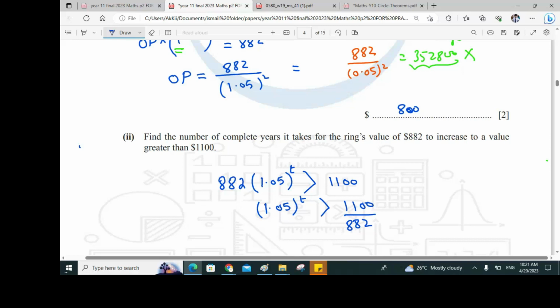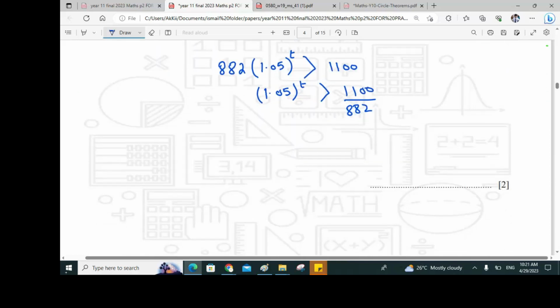It is 550 divided by 441 is greater than 1.05 to the power t, right?